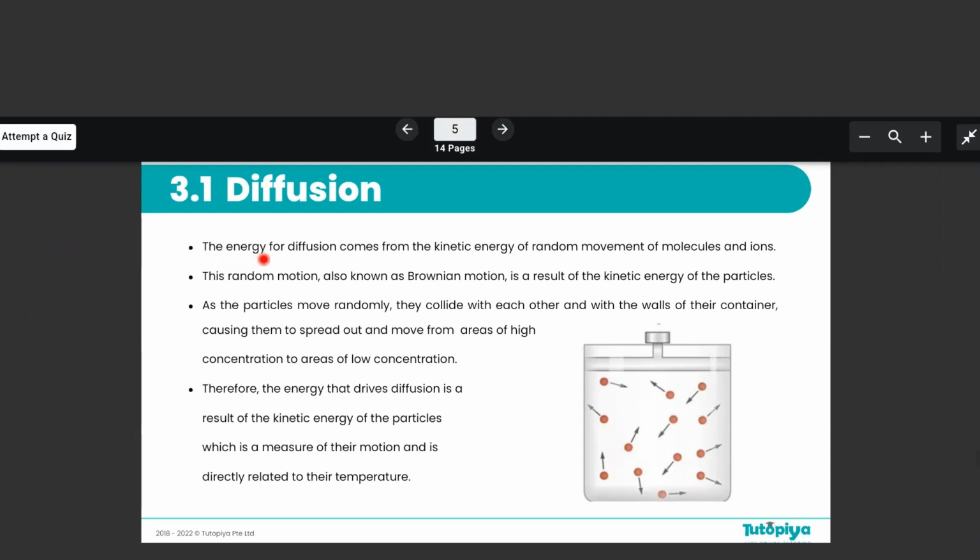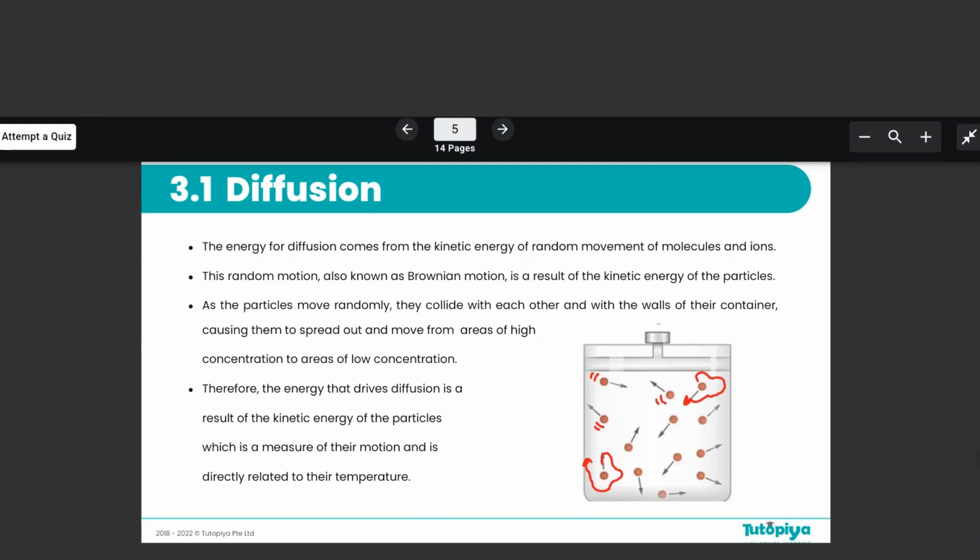The energy for diffusion comes from the kinetic energy of random movement of molecules and ions. You see, if you take any molecule or any ion, these molecules are all in motion. They're all moving about and their movement is random. They have a random motion like what I'm drawing over here. It's a random motion that they show.